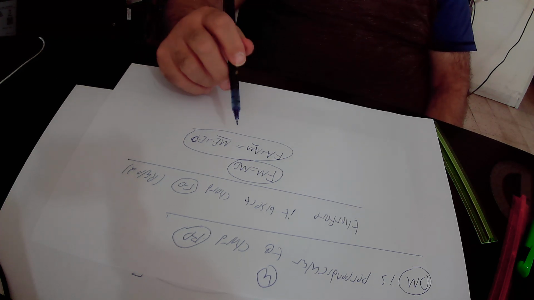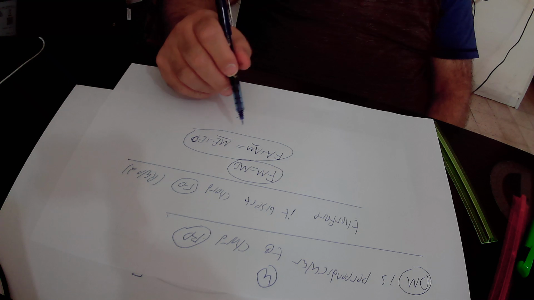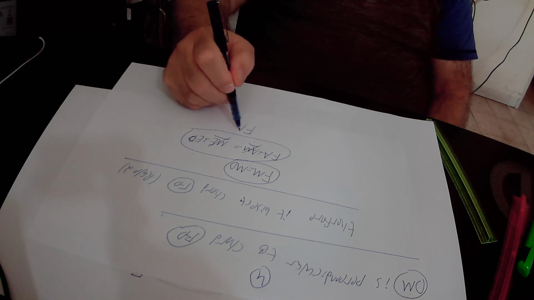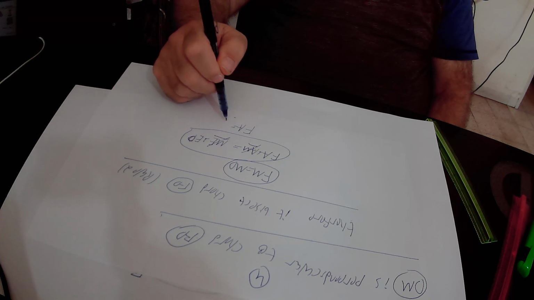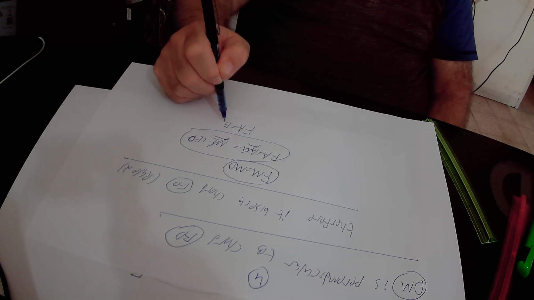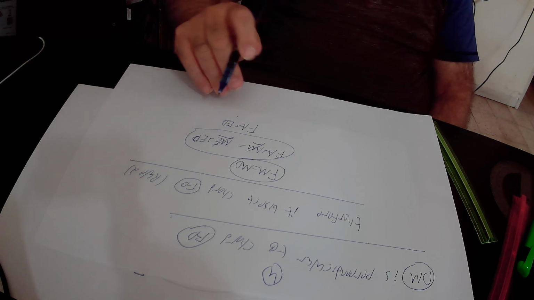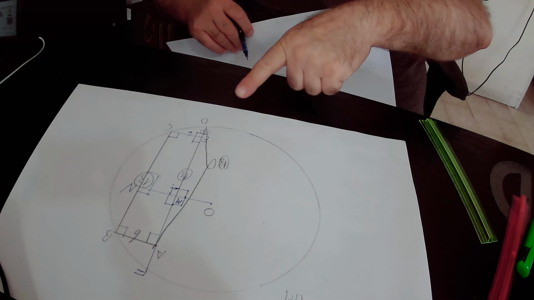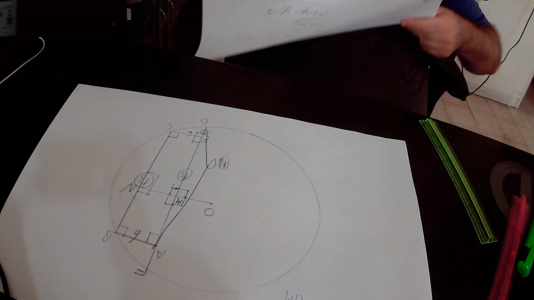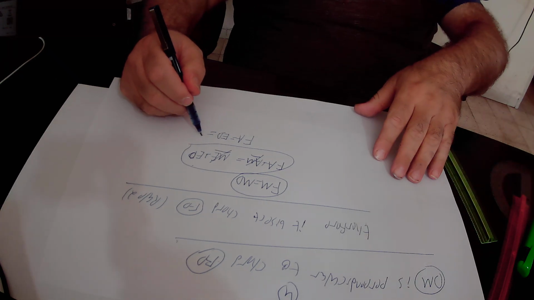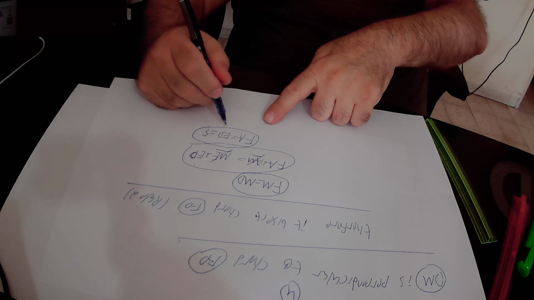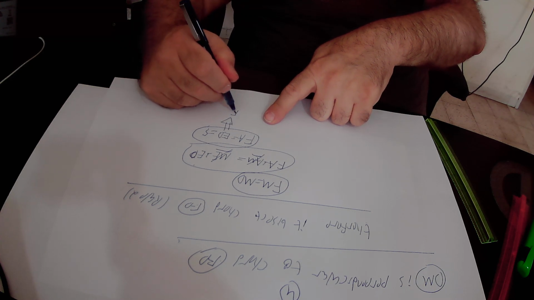And because they are equal to each other, we can cancel them out. And we're left only with FA equals ED. Here, line segment FA equals line segment ED. But we have already found out that line segment ED equals 5 units. So we can write here that ED equals 5. And from FA equals ED equals 5, we derive that FA equals 5 units.